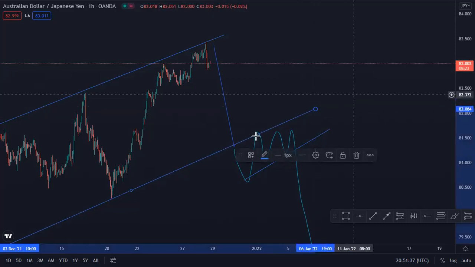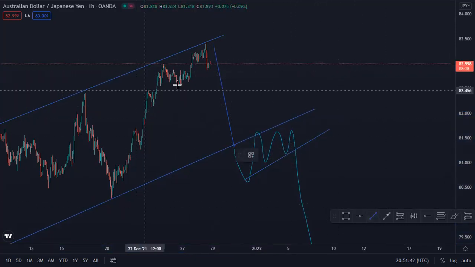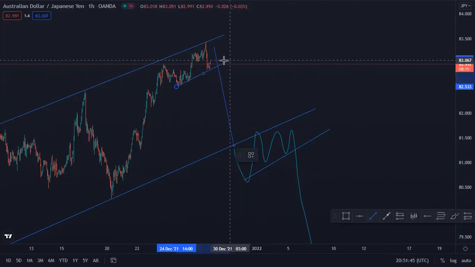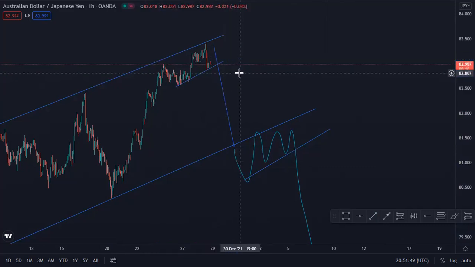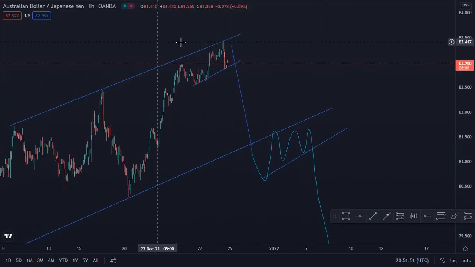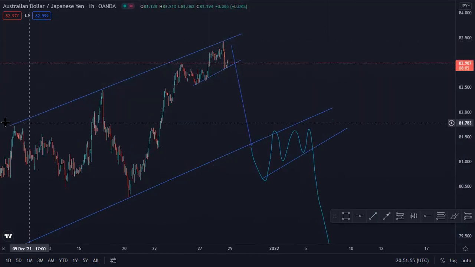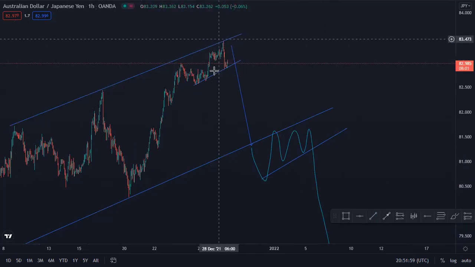And yeah, what we have here also, as you can see, is some kind of pattern, which shows us that the market is obviously reversing, and we don't just enter. As you can see up here, this is a third touch: first touch here, second touch, and now the third touch is here.